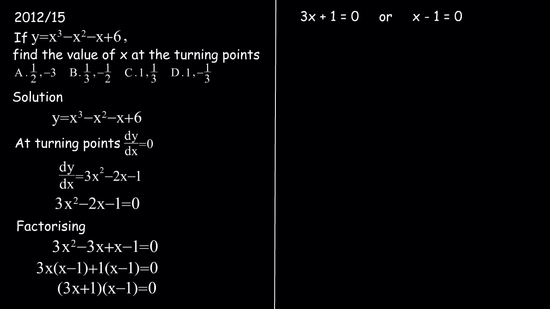At this point, 3s plus 1 will be equal to 0, or s minus 1 will be equal to 0. Therefore, 3s will be equal to minus 1, or s is equal to 1. Now simplifying 3s equals minus 1, s will be equal to minus 1 over 3. Therefore, the turning points are 1 and minus 1 over 3. And the correct option is D.